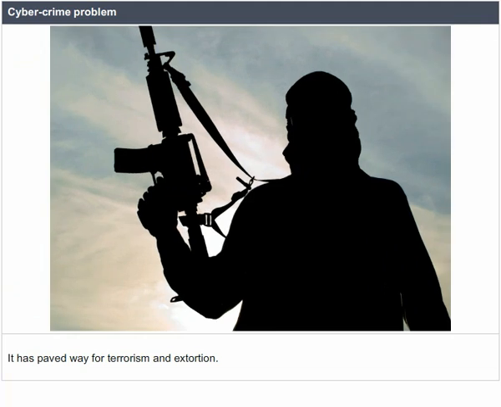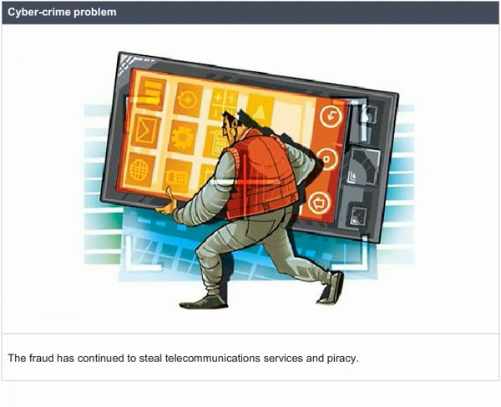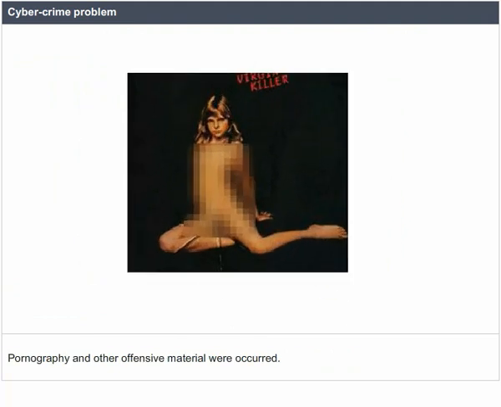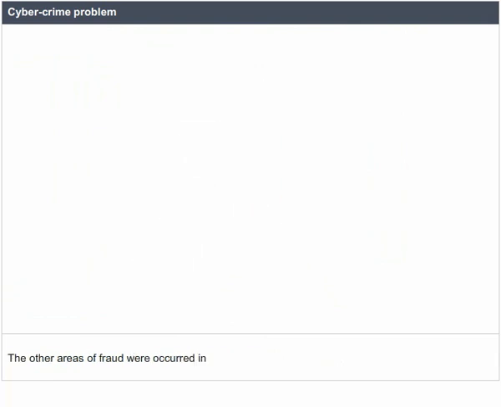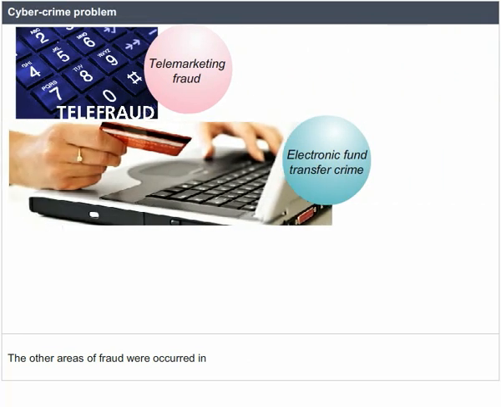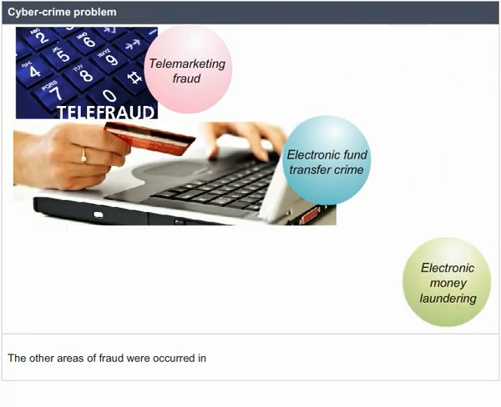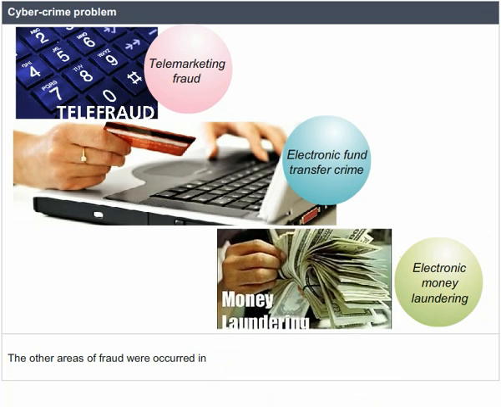It has paved the way for terrorism and extortion. The fraud has continued to steal telecommunication services and piracy. Pornography and other offensive material have occurred. The other areas of fraud were telemarketing fraud, electronic fund transfer crime, and electronic money laundering.